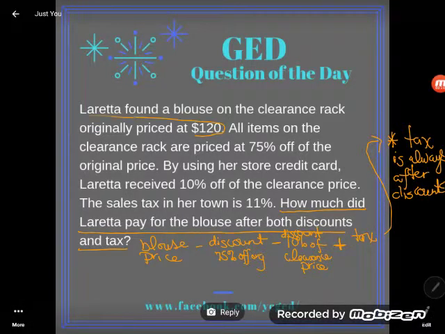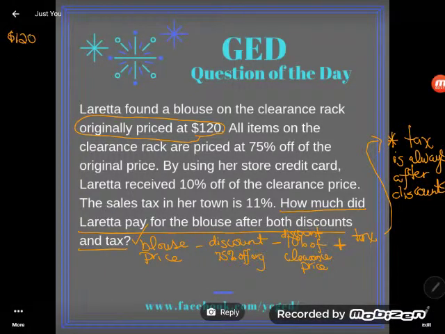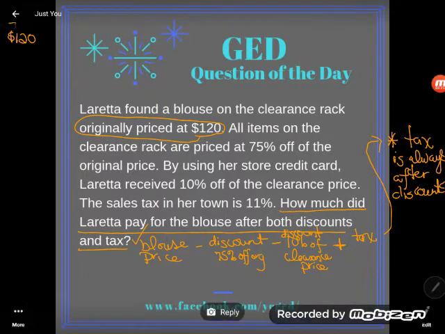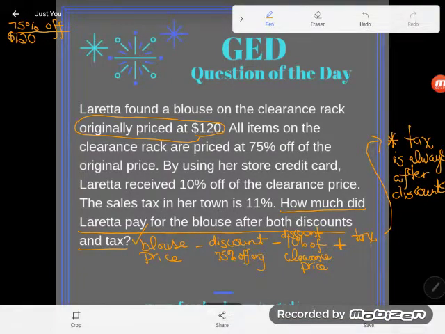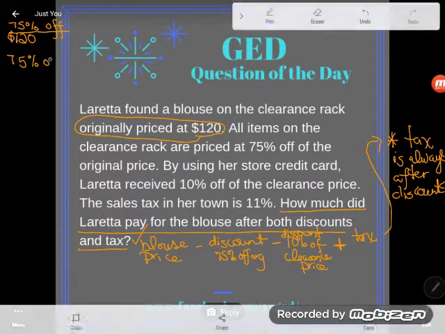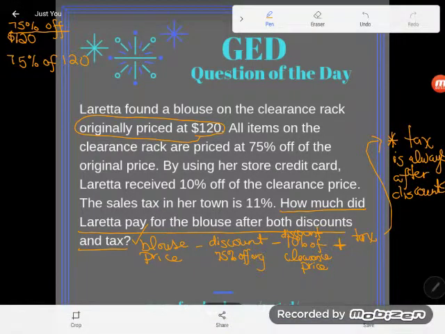They tell us the original blouse price is $120. That's where we said we'd start. But the first way I'm going to change it is I'm going to work with that 75% off. Now, it said the 75% off is off of the original price, which means that the discount is basically going to be 75% of that $120 of the original price. That's the discount.